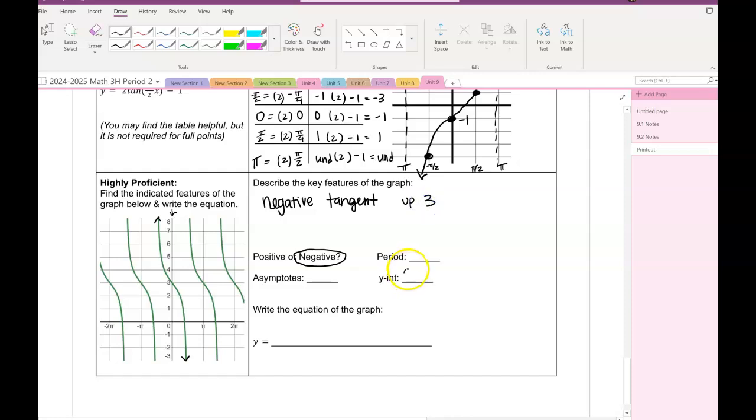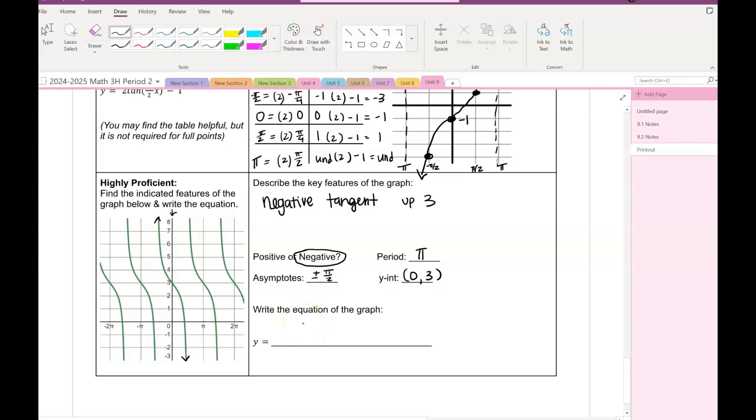So that means our y-intercept is 0, 3. And then it looks like our asymptotes are in between pi and negative pi. So those are plus or minus pi halves. So our period would be pi. So if we added those together, we would get pi.